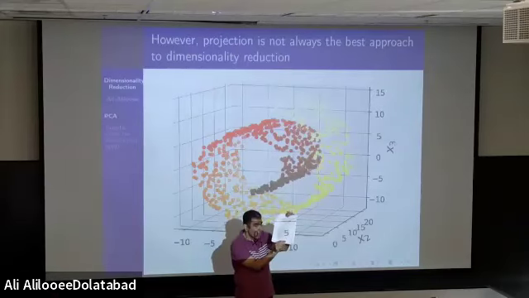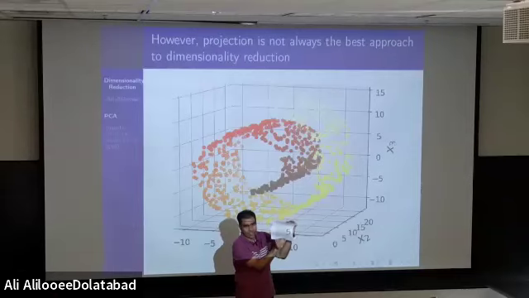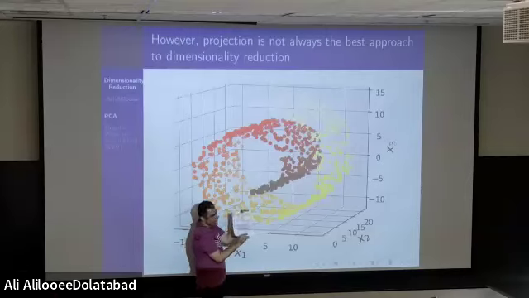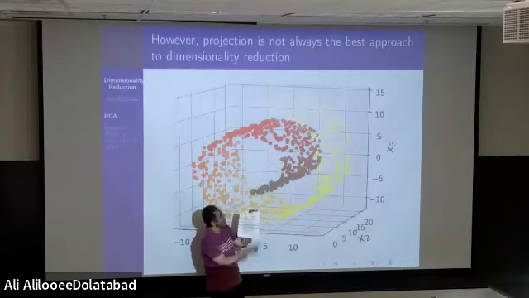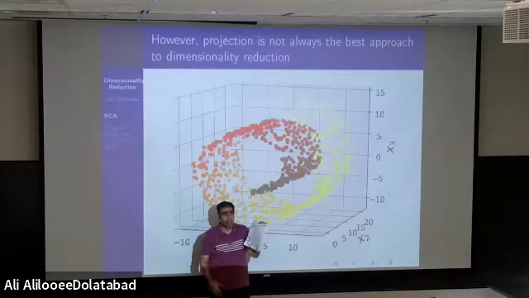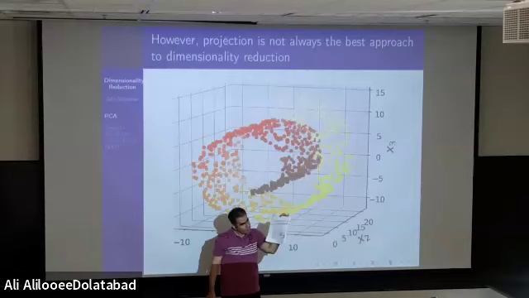But we have something more complicated than PCA, which tells us instead of projecting on a flat space, let's project on this. Mathematically, these flat spaces are called Euclidean space. Where we have something like this, it's called a manifold. And it is much harder. PCA is based on projecting on flat spaces.